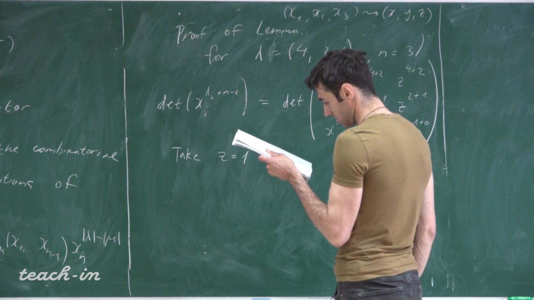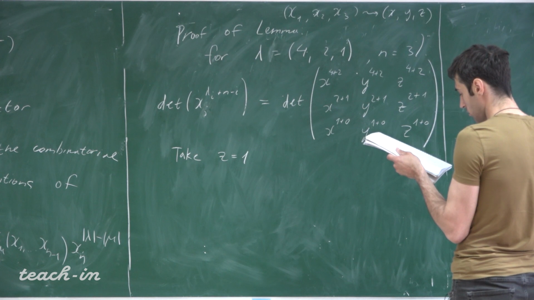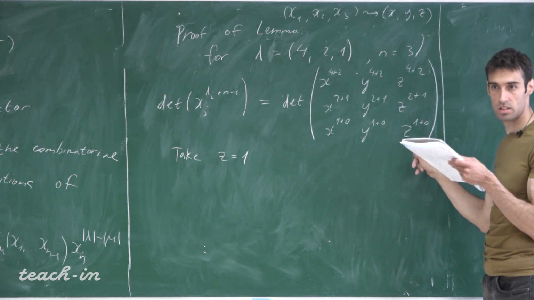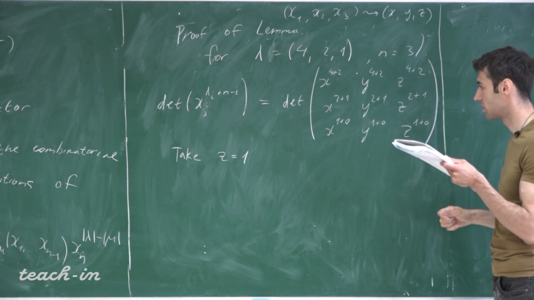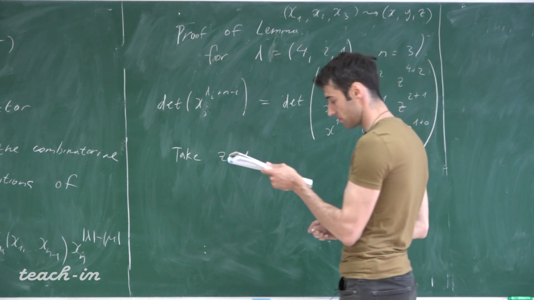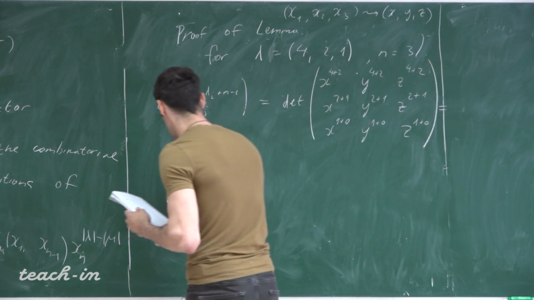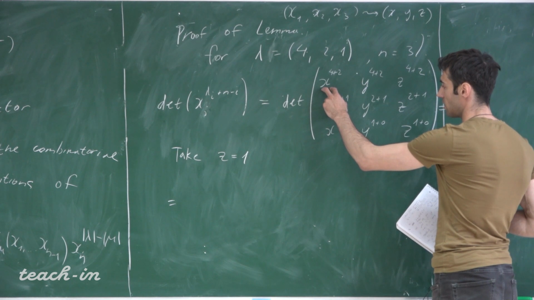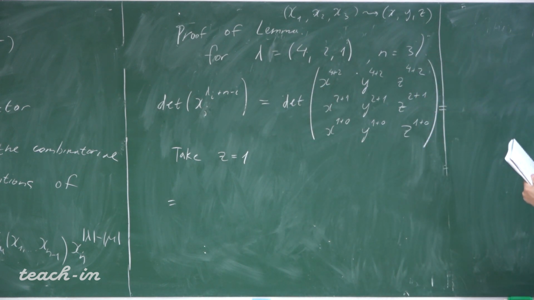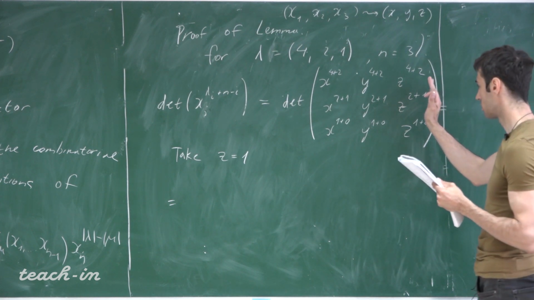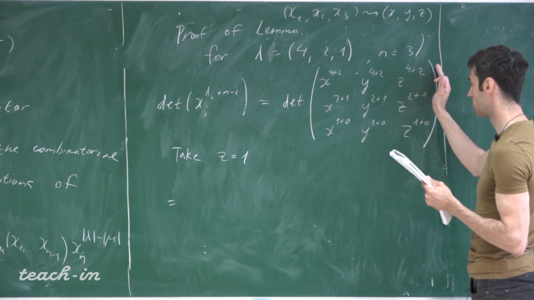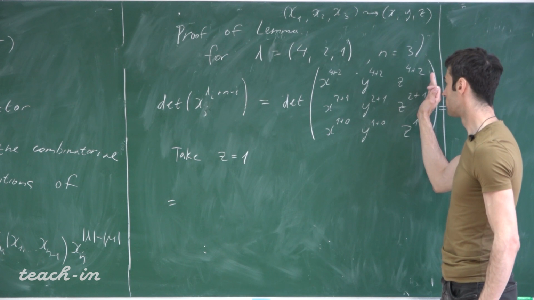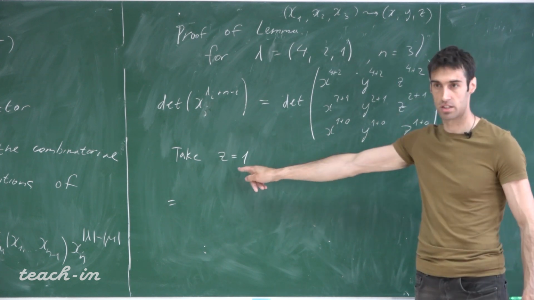And we subtract the last column from the rest of the columns. The last column is x, y, z, so you subtract it and then divide. So then what happens? The last column is 1, 1, 1 if I take z equals to 1.